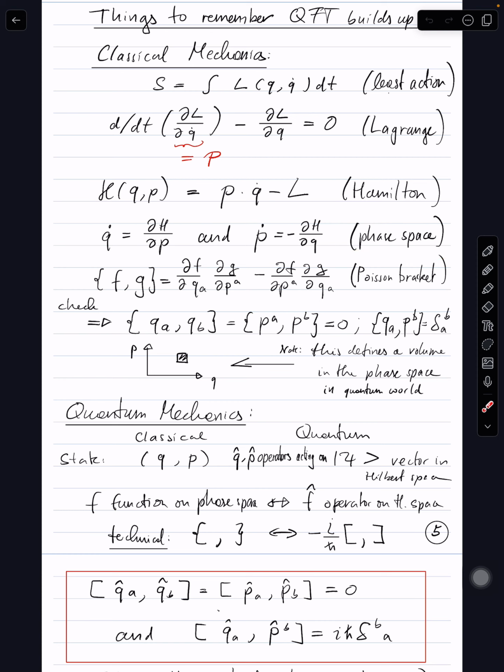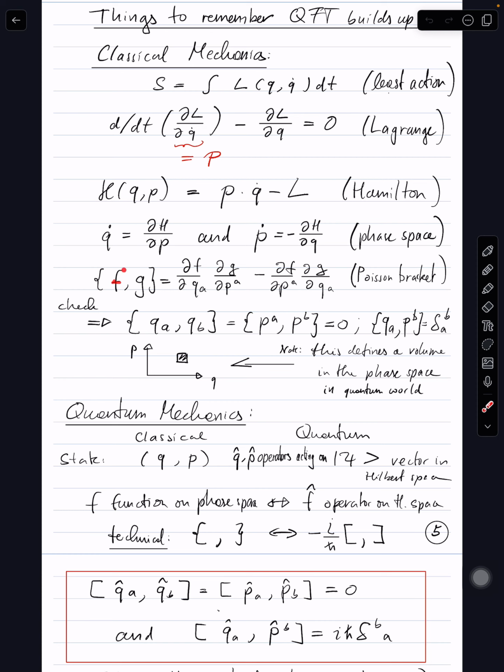The phase space is a six-dimensional space. For three-dimensional physical space, the phase space is a six-dimensional space of momenta and positions of all the particles involved. Now, there's another concept, the so-called Poisson bracket in classical mechanics, which is written with these curly brackets.